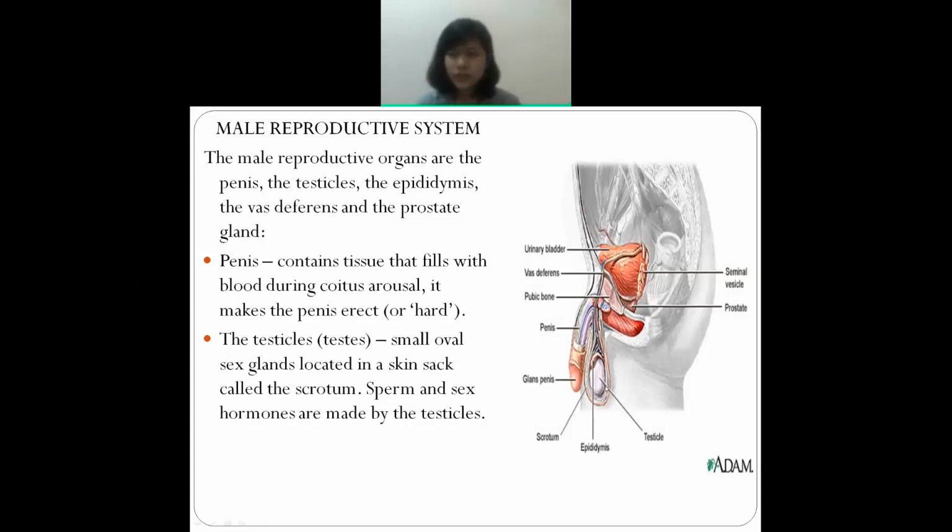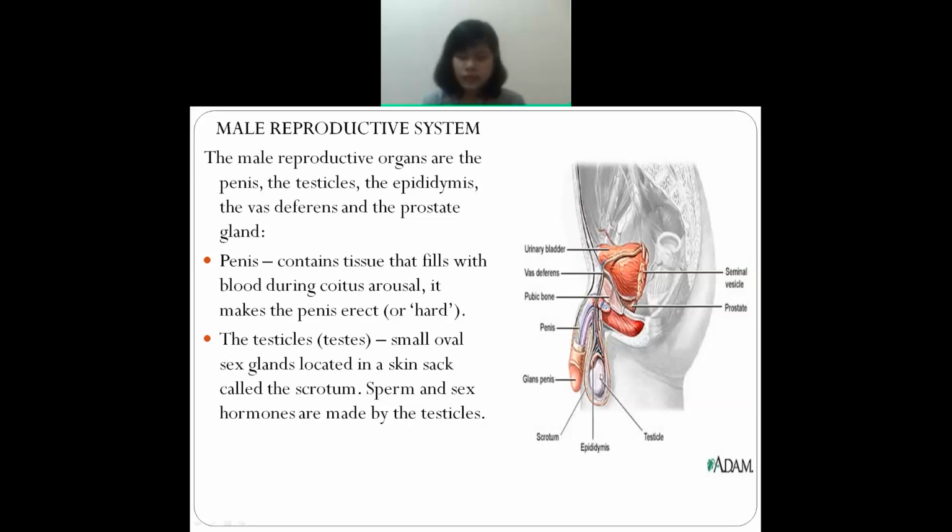In the testicle, or testis, what can we find? It is small and oval in shape, and it is made up of sex glands.